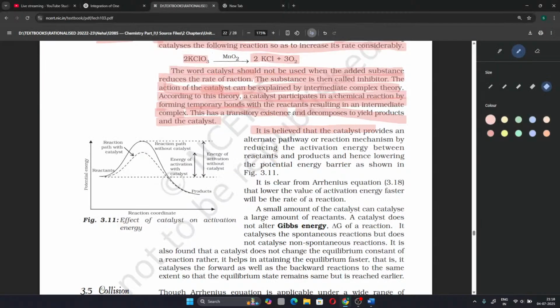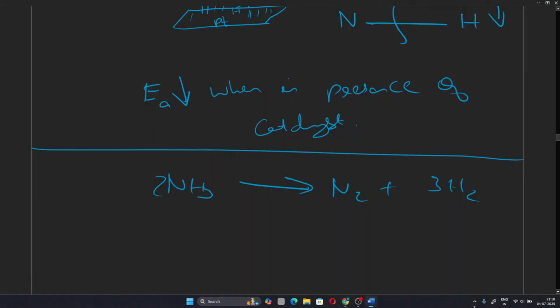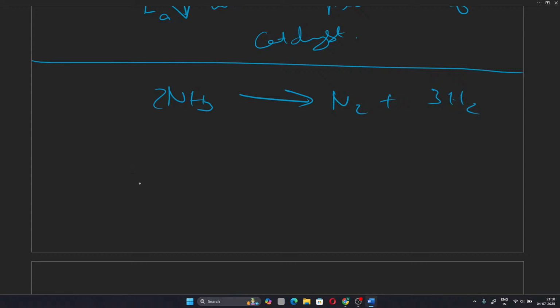It is believed that the catalyst provides an alternate pathway or reaction mechanism by reducing the activation energy between reactant and product, and thereby lowering the potential energy barrier, as shown in figure 3.11. Normally we saw a reaction of H2 plus I2.